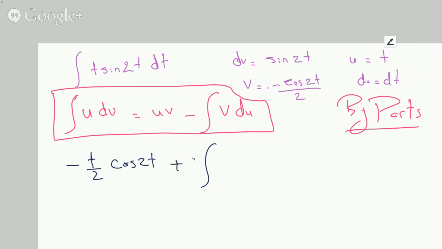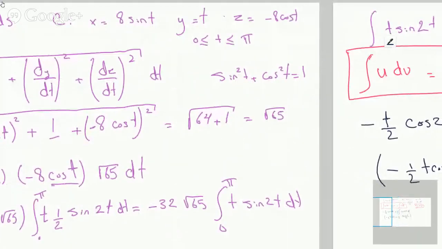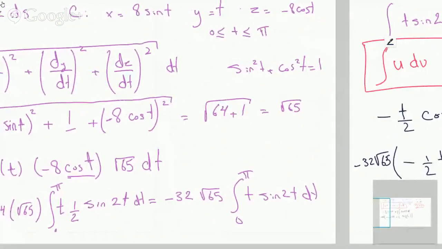Minus and minus becomes plus. The half I can pull out, and then we have cosine 2t for v, and du is just dt. And this is, of course, a very elementary integral. The integral of cosine is sine 2t over 2. And we multiply by our initial constant, minus 32 square root 65. And we can evaluate this from 0 to pi.